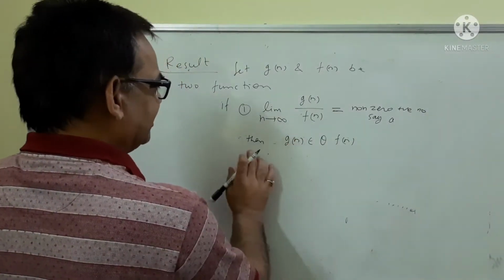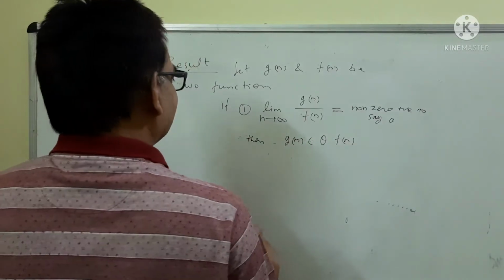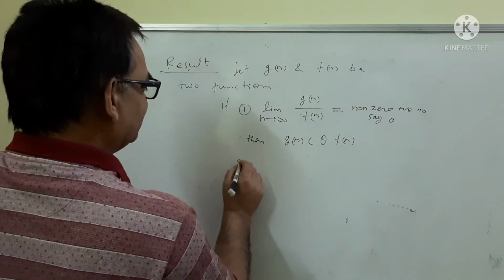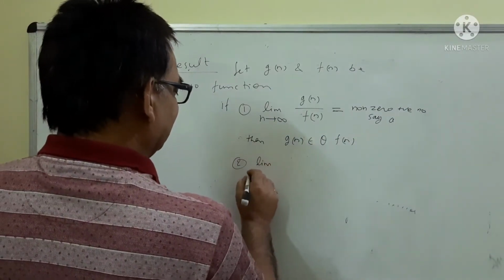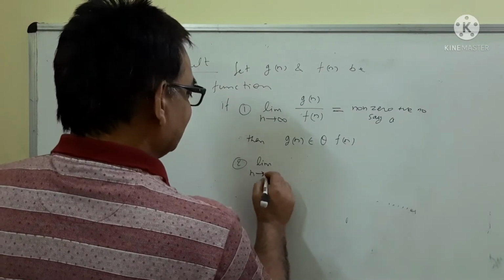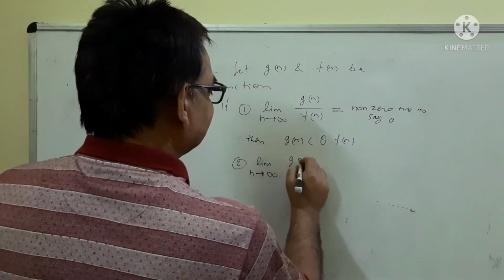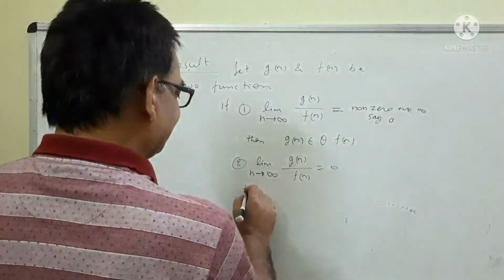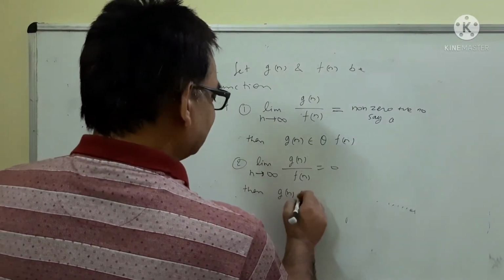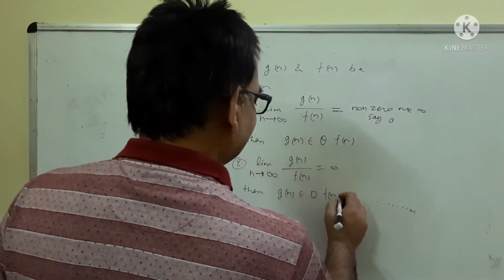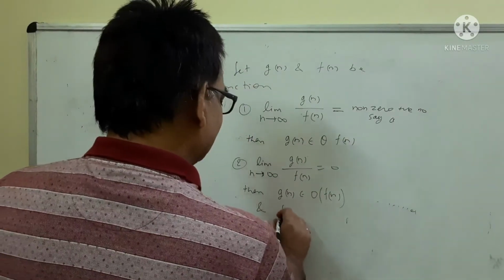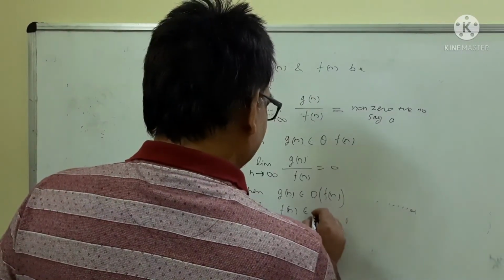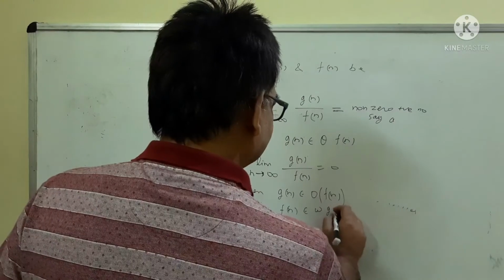Now I am just writing g(n) belongs to theta f(n). All the results are understood obviously. Number 2: if limit n tends to infinity, g(n) upon f(n) is equal to 0, then g(n) belongs to little o f(n) and f(n) belongs to little omega g(n).